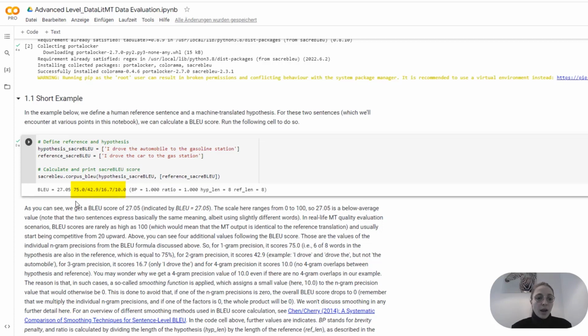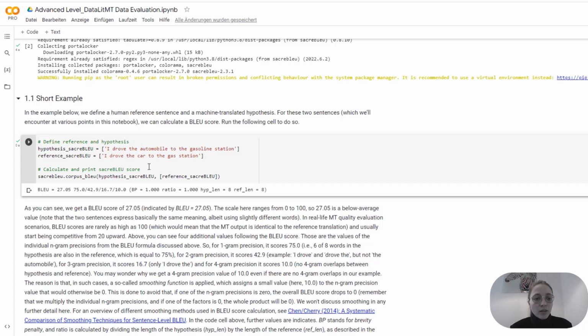So we can compare how many n-grams overlap. So the first one calculates how many 1-grams overlap. The second one calculates how many 2-grams overlap. The third one, how many 3-grams overlap. And the last one, how many 4-grams overlap. You could also calculate more than that, so 5-grams, 6-grams, but the average BLEU score is automatically calculated with a maximum of 4-grams.